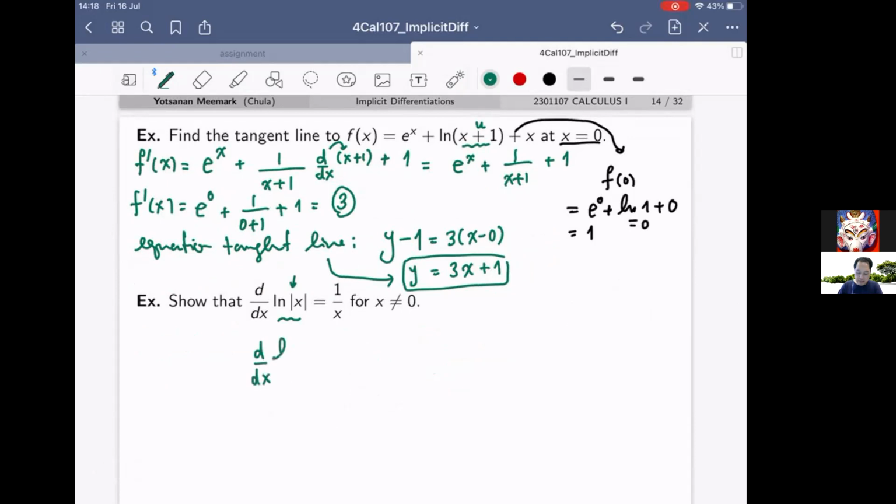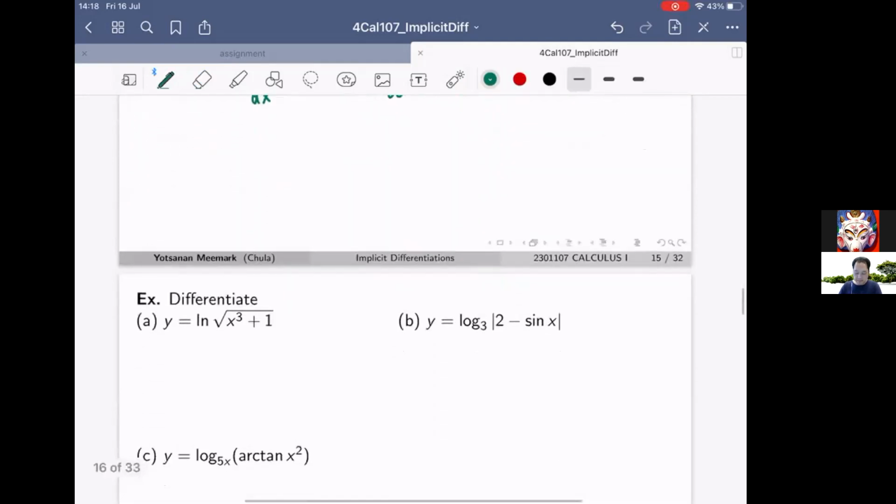So the derivative of the logarithm of the absolute value of u becomes just 1 over u, and then du by dx whenever your u is not 0. This is what we are going to use.